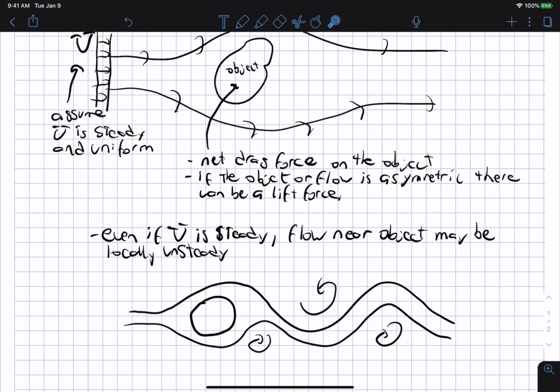Basically this streamline here flaps around as a function of time, and because the flow is not symmetric on the back of this object or cylinder, sometimes there is a lift force going up, and sometimes there is a lift force going down.